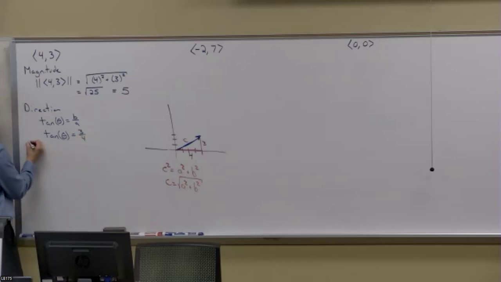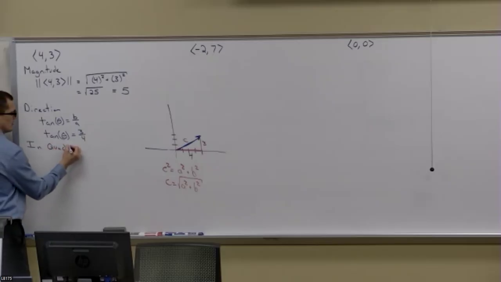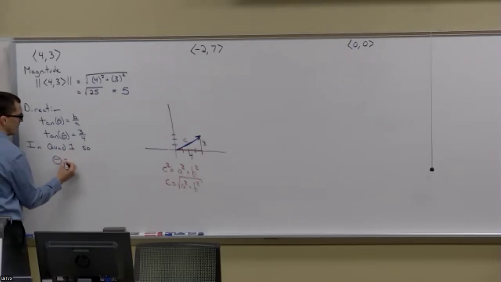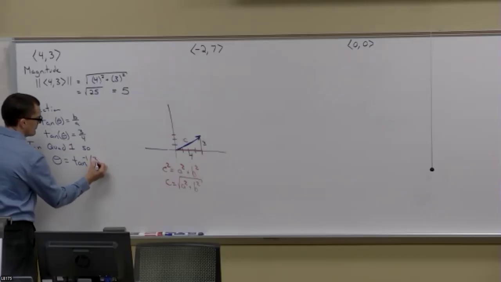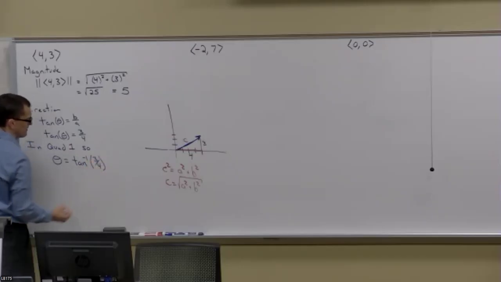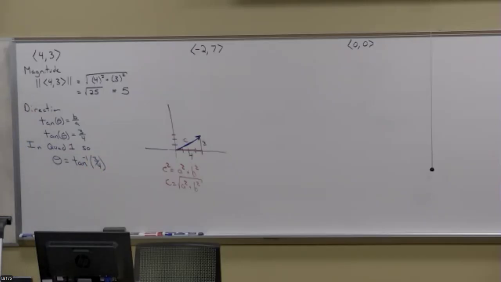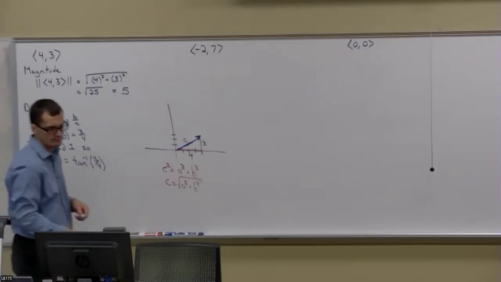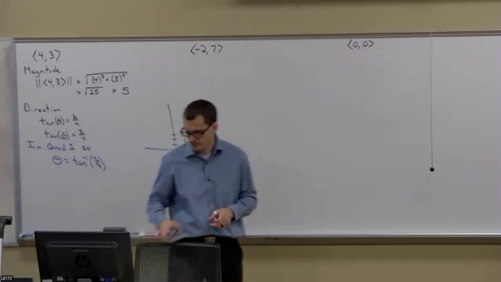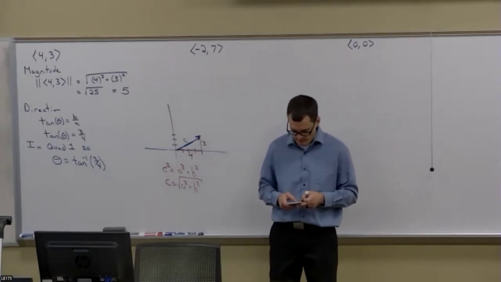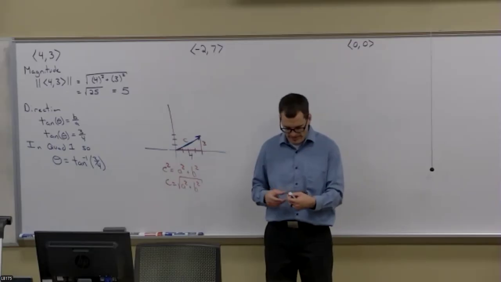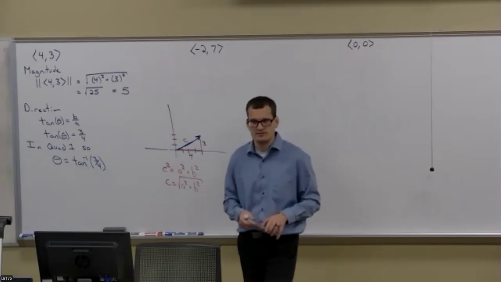We're in quadrant 1. So that means theta is going to be the inverse tangent of 3/4, or the arc tangent of 3/4, which is about 0.6435.